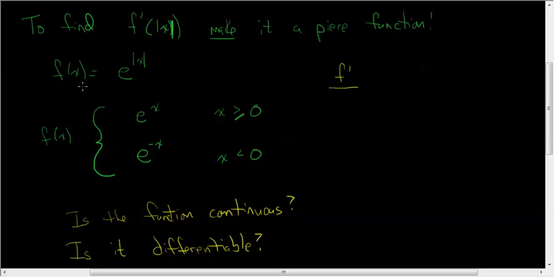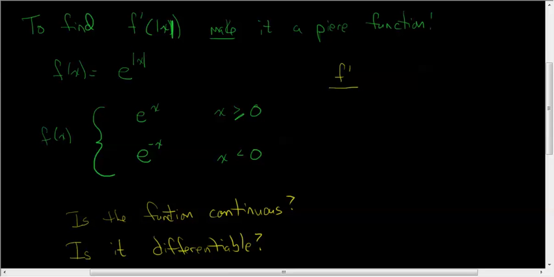So f of x equals e raised to the absolute value of x. What does that tell me? Well, if x is greater than or equal to 0, f of x is just e to the x. If x is less than 0, then instead of negative 1, I have to put in 1, so I put the negative sign in here. So it becomes e to the x if x is greater than or equal to 0, and e to the negative x if x is less than 0.